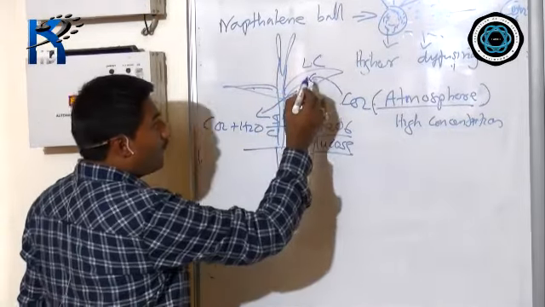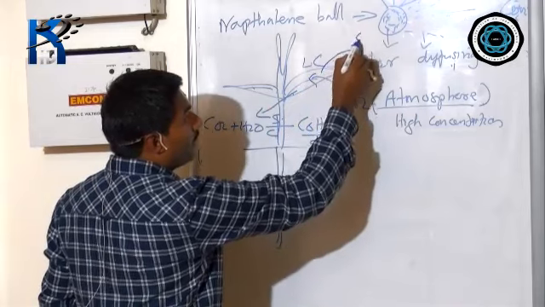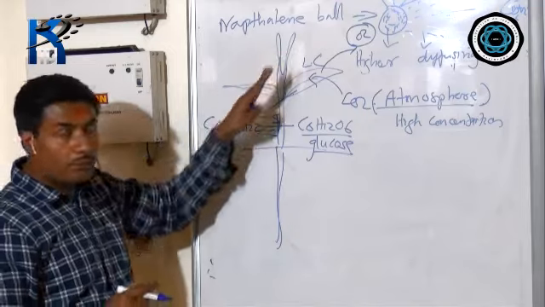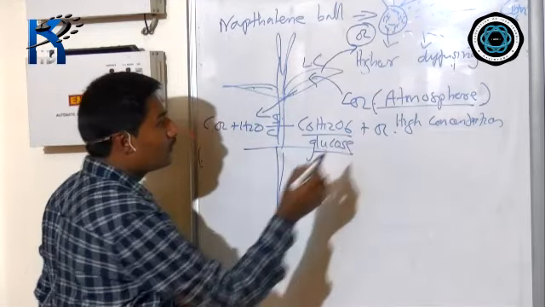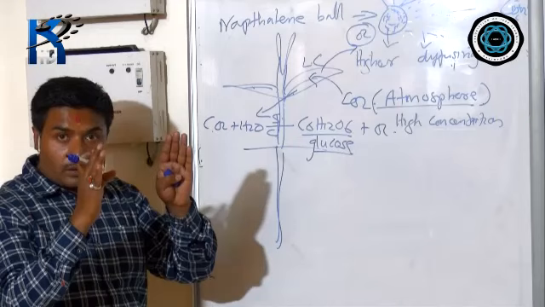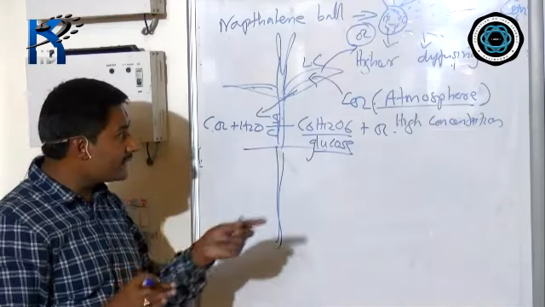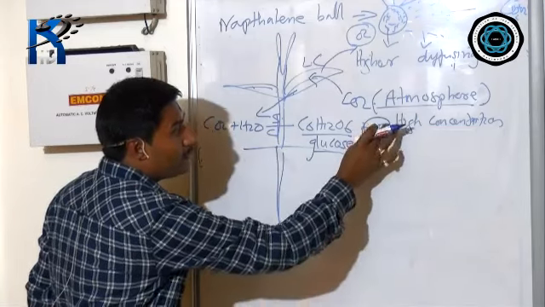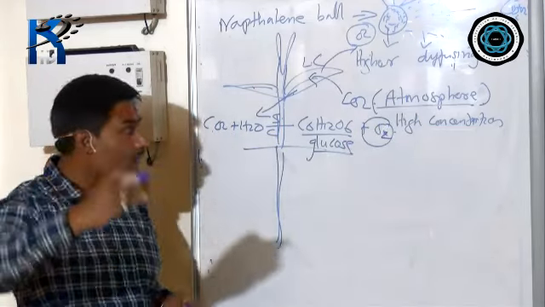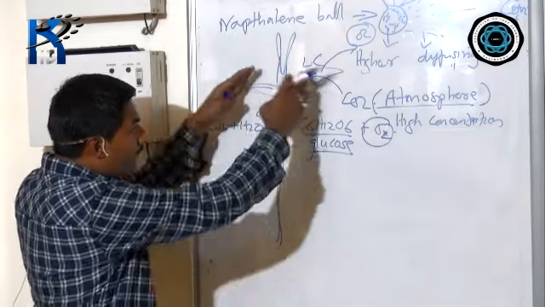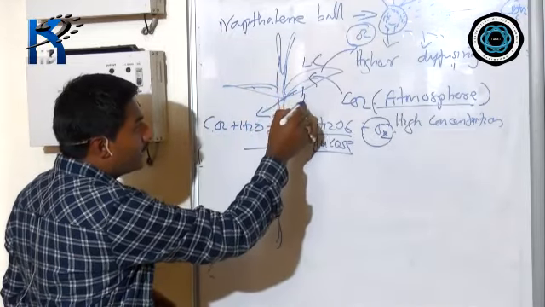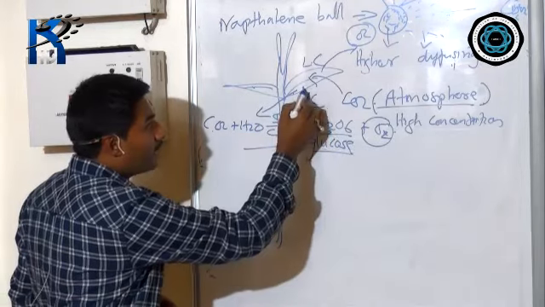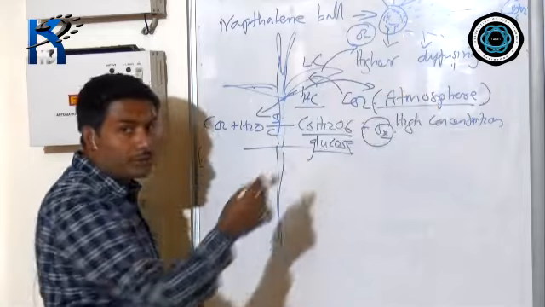Similarly, what will also come out? The oxygen that was produced during the process of photosynthesis. When the food is being prepared, oxygen comes out as a byproduct. So inside the plant, the oxygen level becomes a high concentration, and it will come out to the atmosphere. Why?